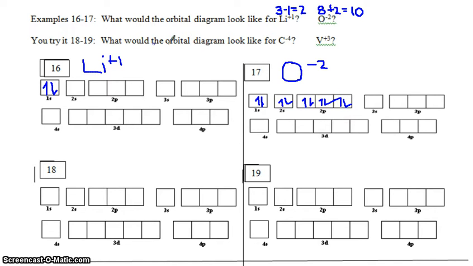Now you try it, pause, and you try it for carbon -4 and vanadium +3. And what you should have for carbon -4 is 6 + 4 or 10 electrons, so it should look just like the oxygen. It should have 10.